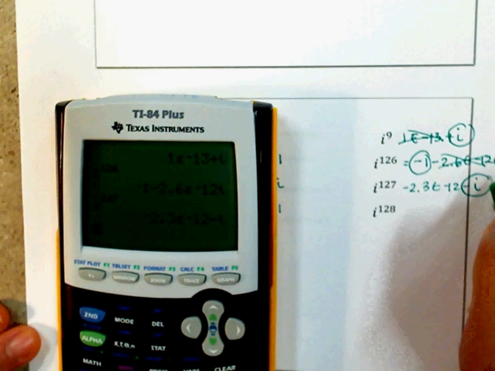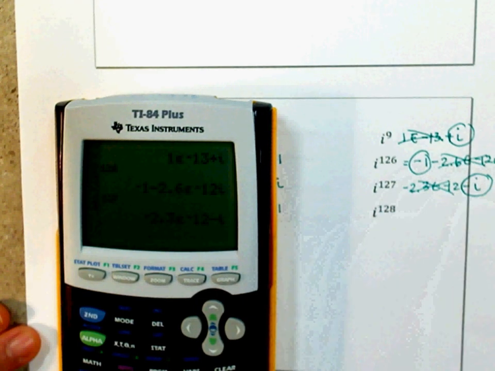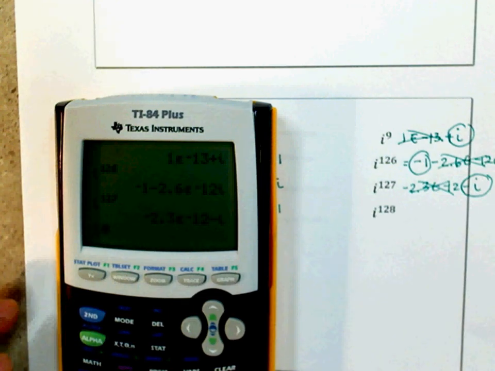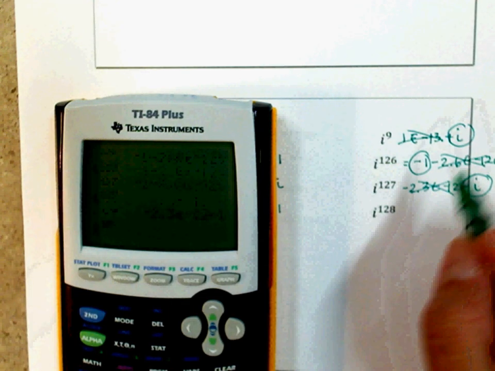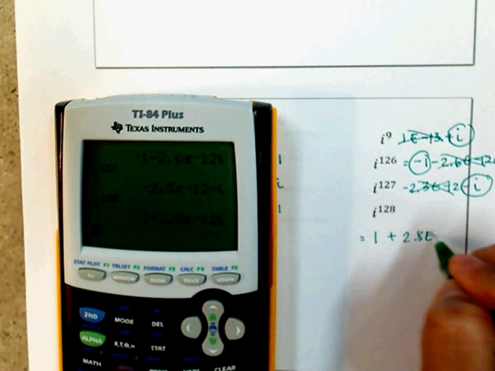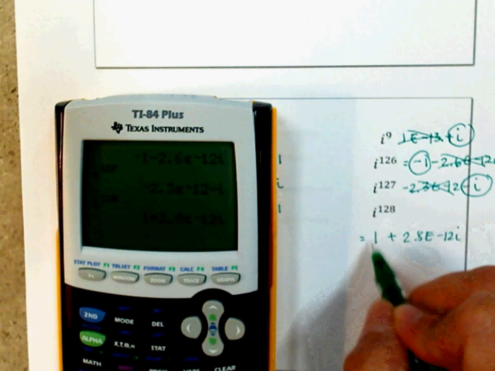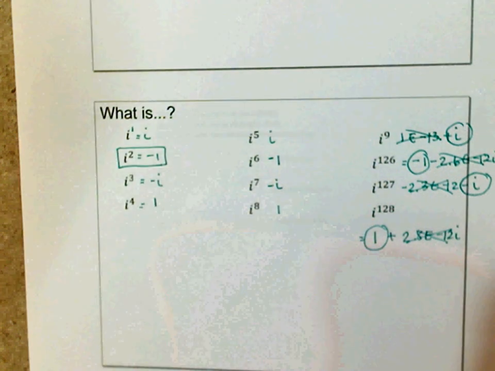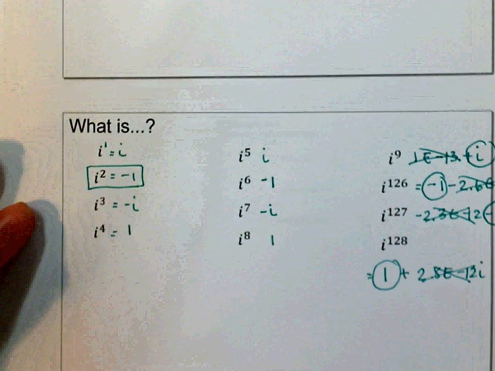So the answer is negative i. You ignore that. How about i raised to the 128? It comes out to be 1 plus 2.8 e negative 12i. Isolate this and ignore that. So that comes out to be 1. These are the only 4 choices you can possibly have.